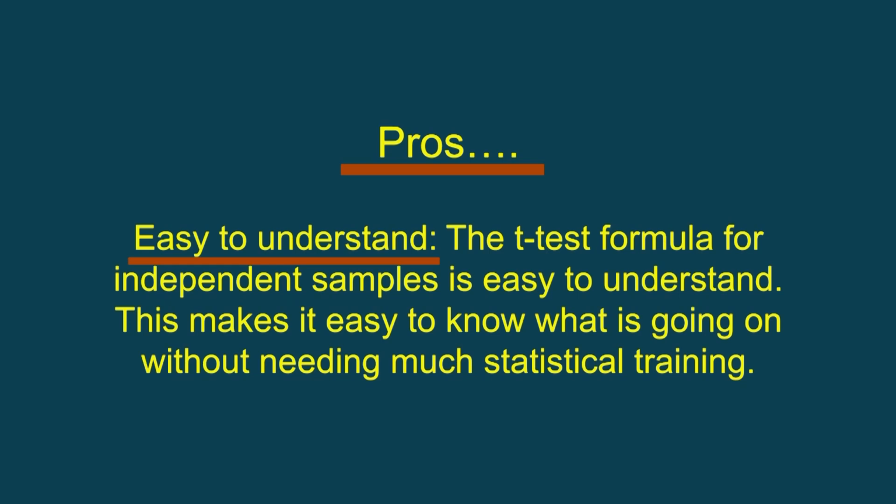The t-test formula for independent samples is easy to understand. This makes it easy to know what is going on without needing much statistical training. As we mentioned earlier, a larger value of the t-statistic will indicate that the two samples are different, while a smaller value will indicate that the two samples are not that much different. So it's very easy to understand.